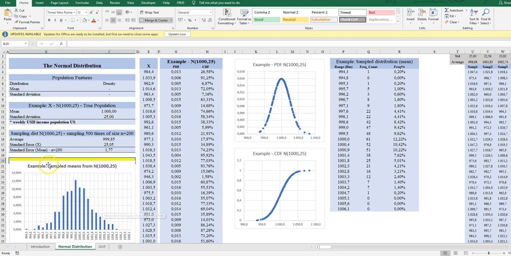And we also only need around 30 numbers in the sample. The sample size should only be 30 before we will get some kind of normal distribution pattern.